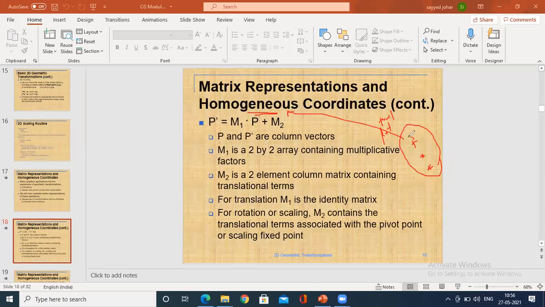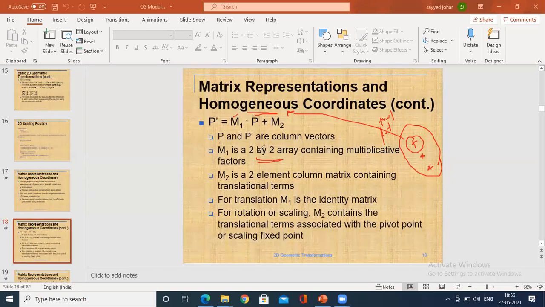Now the question is, how do you use these additional factors using multiplication? Here is the answer. For a translation, M1 is an identity matrix because, as I said, M1 is a 2 cross 2 matrix containing multiplicative factors. For rotation, we have cos theta, minus sin theta, a 2 cross 2 matrix.